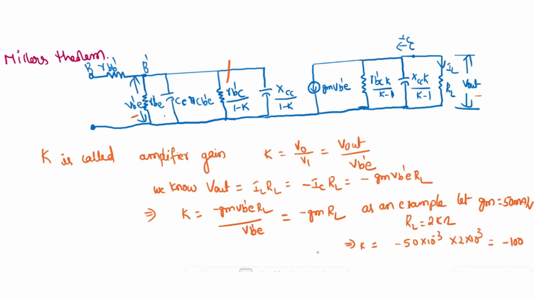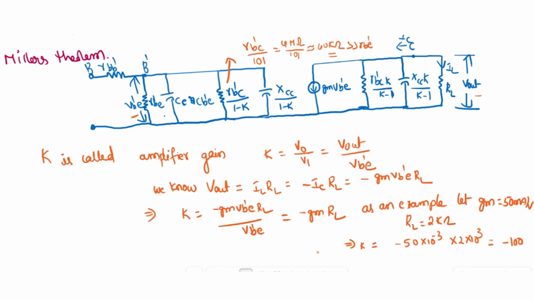Then Rb'c by 1 minus K, with K equal to minus 100, is Rb'c by 101. The typical value of Rb'c is 4 mega ohm to 5 mega ohm. Considering 4 mega ohm, 4 mega ohm by 101 is approximately 40 kilo ohm, which is very much greater than Rb'e.